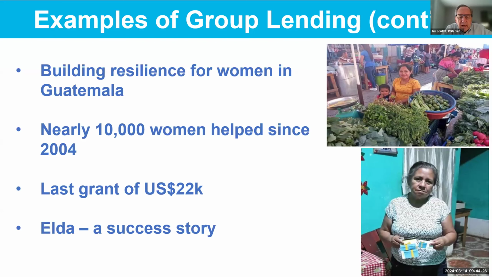The partner, Namaste, has been in operation in Guatemala since 2004, that's 20 years, and has helped nearly 10,000 women with microcredit, combining personal mentorship, financial literacy, and customized loans to help them formalize their business models and their finances, allowing for increases in profit.